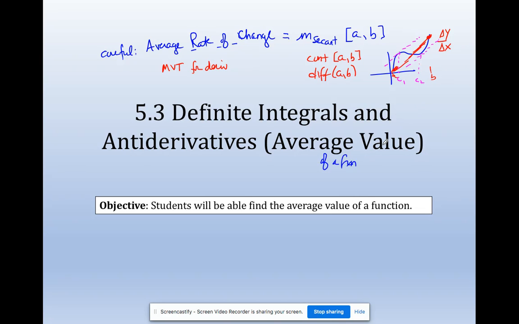That was for derivatives. We are doing antiderivatives or definite integrals, and we are taking the average value of a function over that interval.